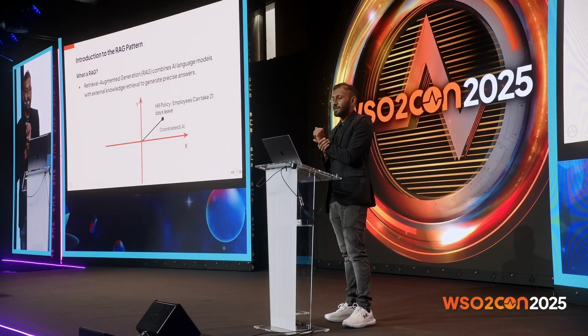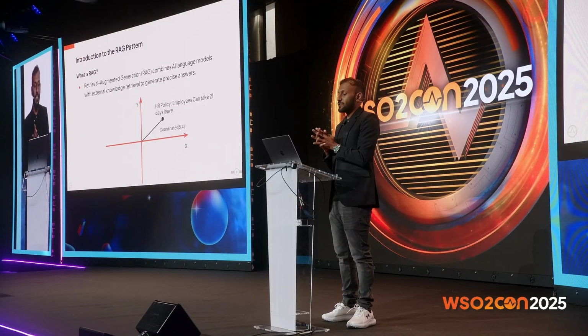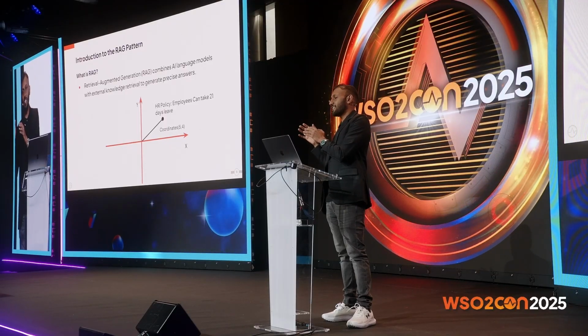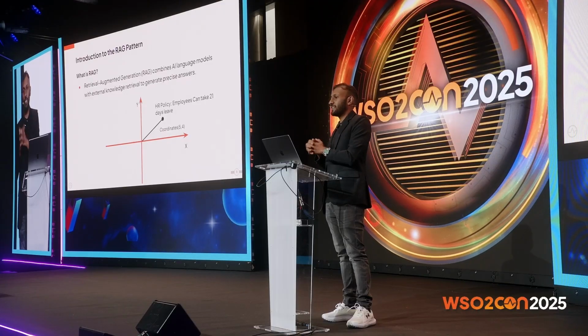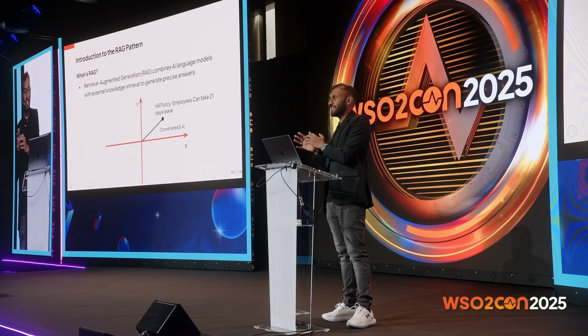So the RAG pattern translates to Retrieval-Augmented Generation. What it does is, an LLM is pre-trained using data in AI factories. Like in OpenAI's case, OpenAI will train on this data.